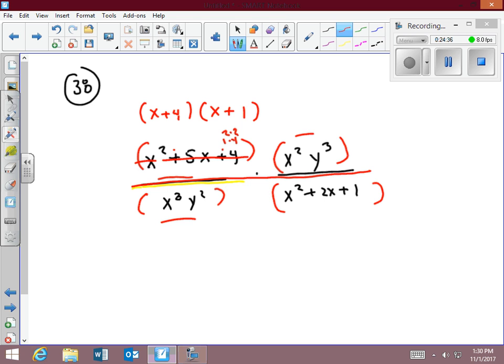Now I'll go to my x squared. I look at my x squared here and my x cubed down there. What does that do? It leaves just an x in the denominator, doesn't it? My y squared goes out, and this becomes just a y in the numerator.